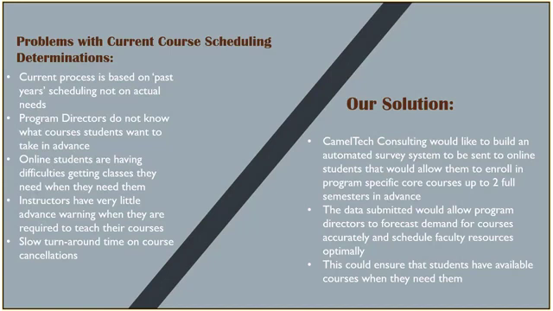It's not current. It's what has happened in the past, the previous courses that have happened. And program directors do not know what courses students need or want to take in advance. It's usually per semester they go and schedule what they need for the next semester. There's not much pre-planning going in right now. And online students are having difficulties getting classes they need when they need them.